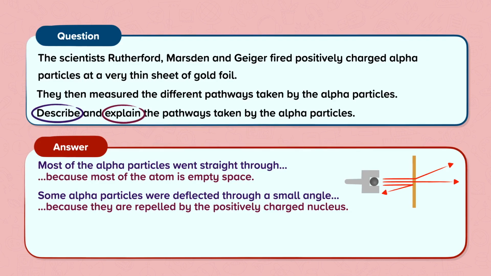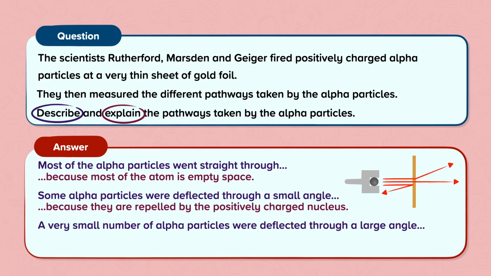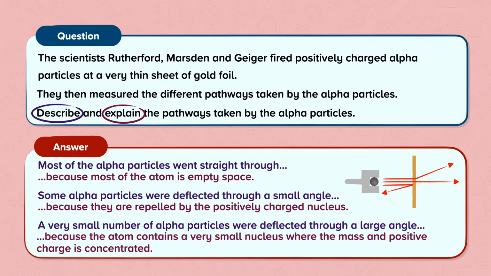Okay, so a very small number of particles were deflected through a large angle, and the reason for this is because the atom contains a very small nucleus where the mass and positive charge is concentrated. So the mass and the positive charge is concentrated in this tiny, tiny central nucleus.